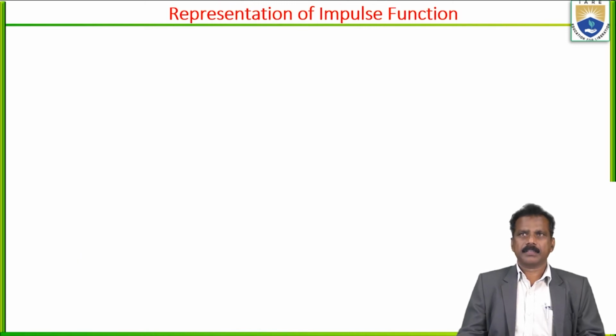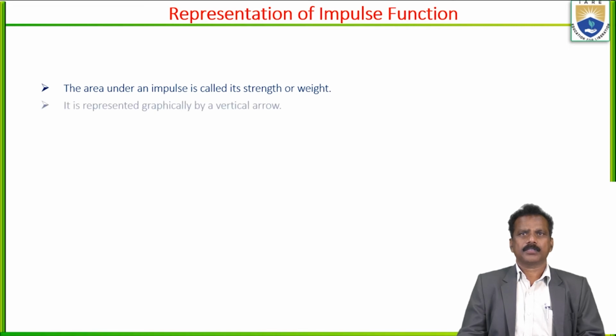Now, how to represent the impulse function graphically or mathematically. The area under an impulse is called its strength or weight. It is represented graphically by a vertical arrow.